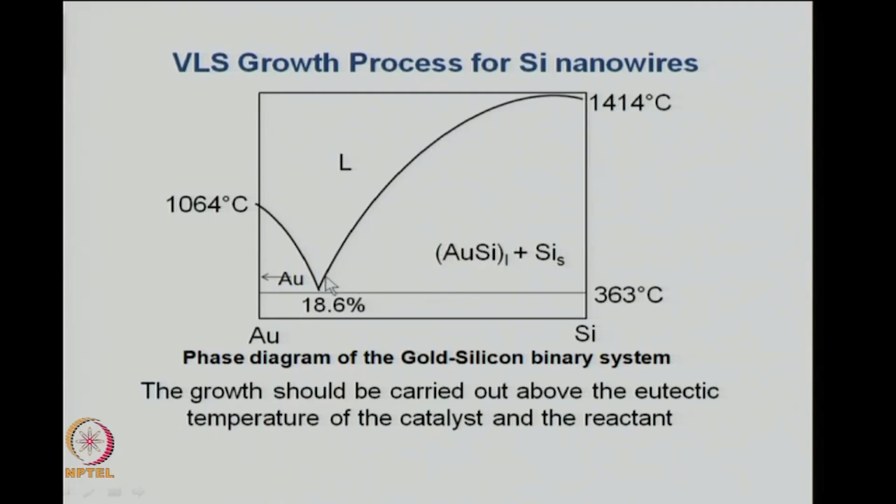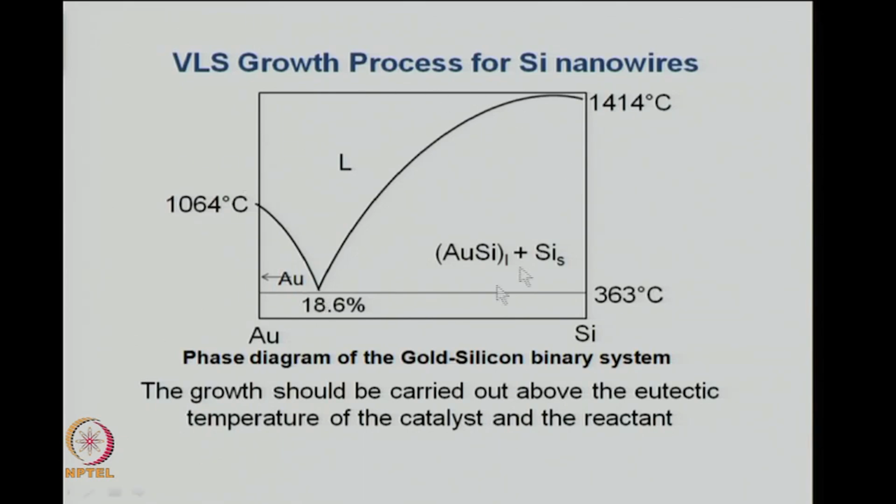If you heat above 363 the substrate which has got silicon, on top of which there is gold, then you will get a droplet of gold silicon and you will get silicon solid. However, if you are exactly at 18.6% of gold and silicon, then you will get only liquid gold silicon alloy of that particular composition.